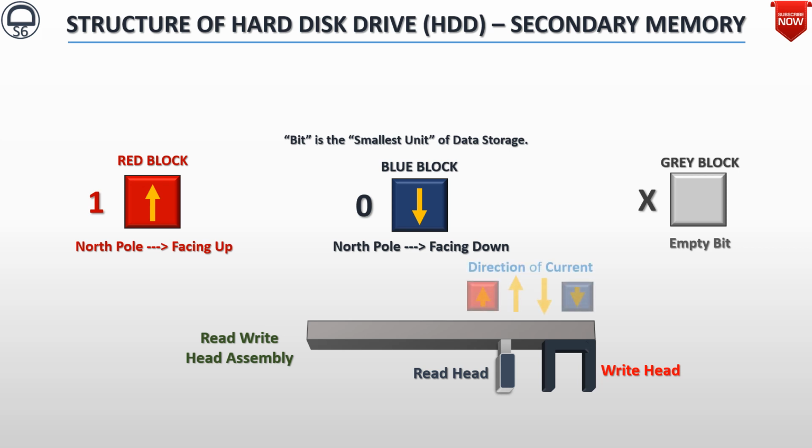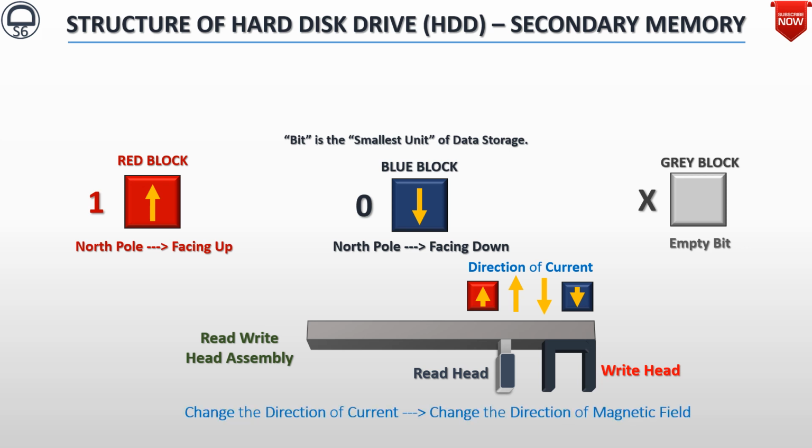It can magnetize a bit as north facing up or north facing down simply by changing the direction of the current in the coil. As you may remember, reversing the direction of current in an electromagnet results in a reversal in the direction of the magnetic field.